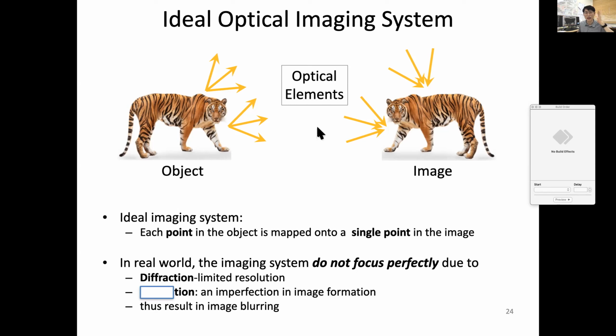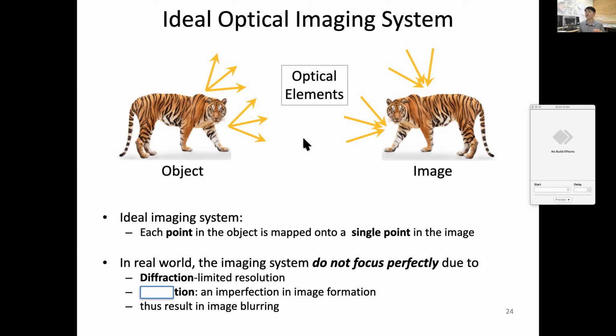By using light, which has a wave-like phenomenon, there's a fundamental limitation of resolution. So the resolution really depends on the wave property of light, which is the wavelength lambda. Remember, that's the key issue for why we cannot focus perfectly.